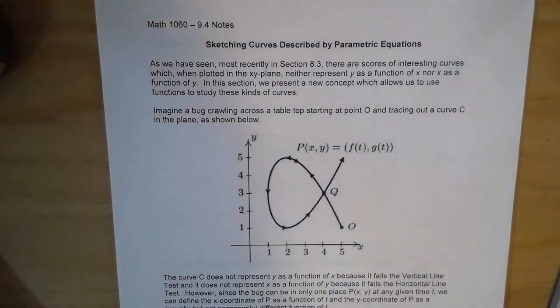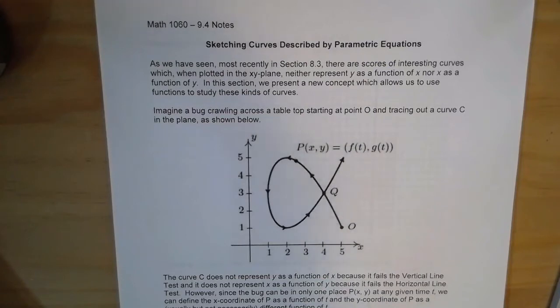Alright, as we have seen most recently in section 8.3, there are scores of interesting curves which, when plotted on the xy plane, neither represent y as a function of x nor x as a function of y. In this section, we present a new concept which allows us to use functions to study these kinds of curves. Okay.